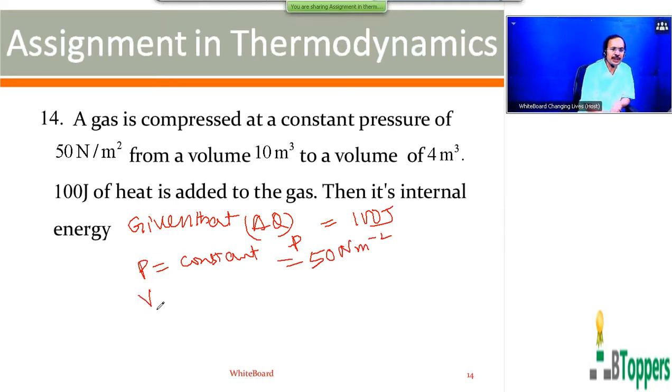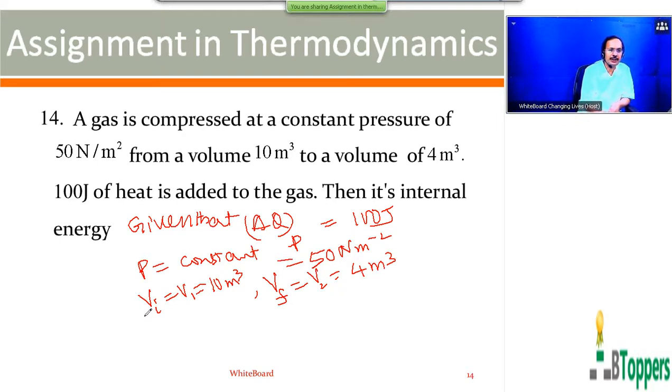The initial volume of the gas, VI or V1, is 10 cubic meters. The final volume of the gas, denoted by V subscript F or V2, is 4 cubic meter. We have to find the change in the internal energy of the gas.